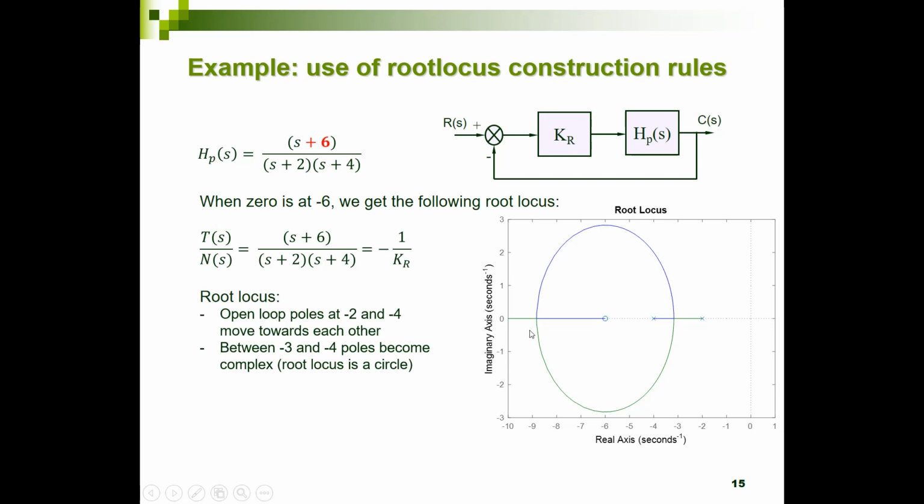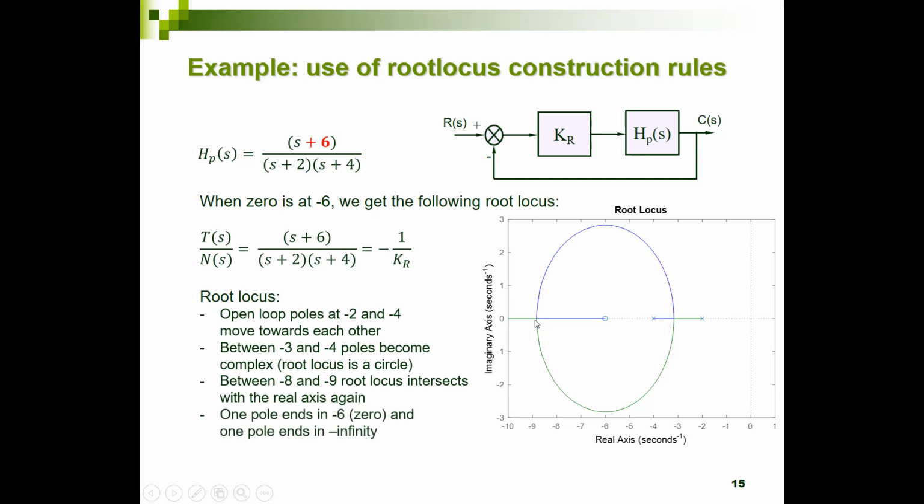This is a circle because the values on both axes are not the same. This is from 3 to minus 3, and this from minus 10 to 1, so this is really a circle. Between minus 8 and minus 9, these two branches intersect with the real axis again, and then one pole moves to the 0 at minus 6, and the other pole moves to minus infinity.